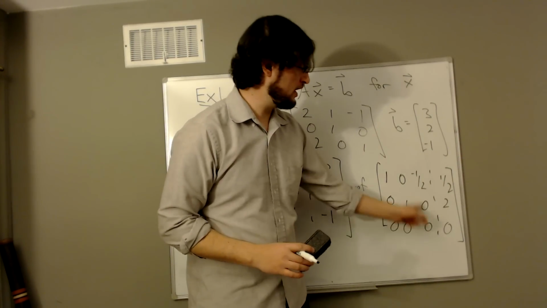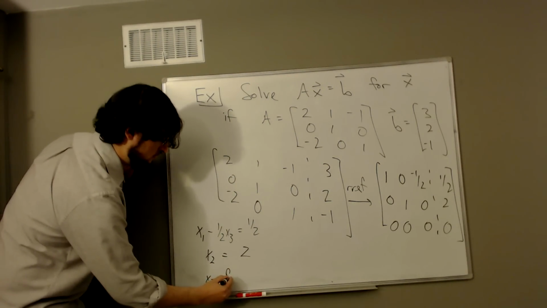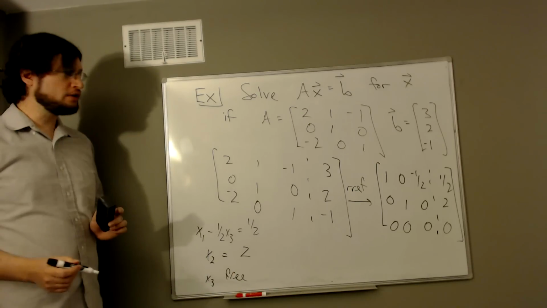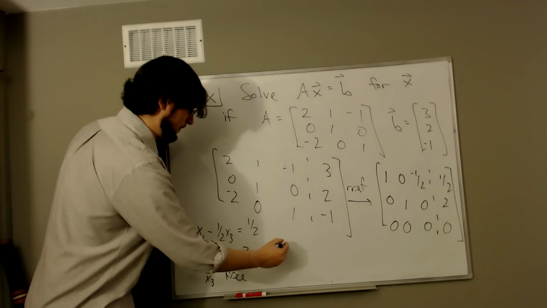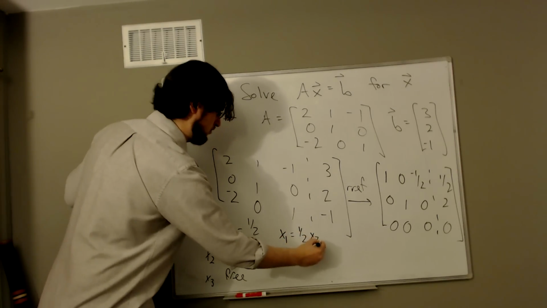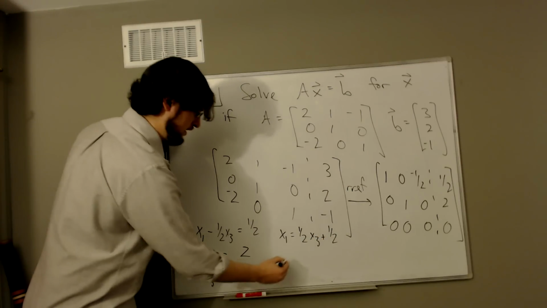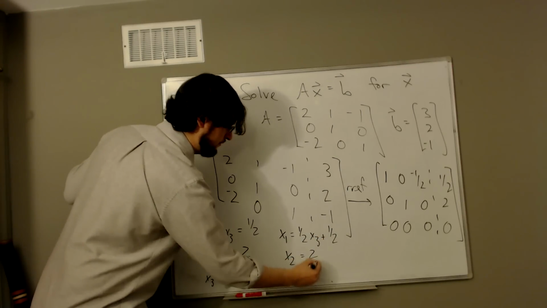There's no pivot in column 3, so x3 is free. Which means the general solution to this system of equations would be x1 is 1 half x3 plus 1 half, x2 is 2, and x3 is free.